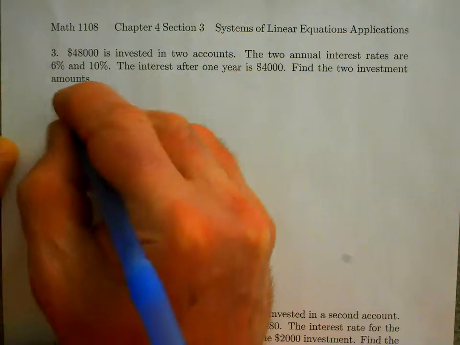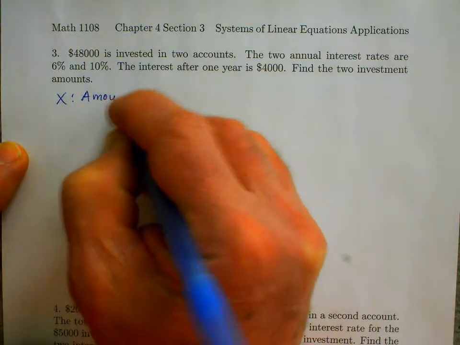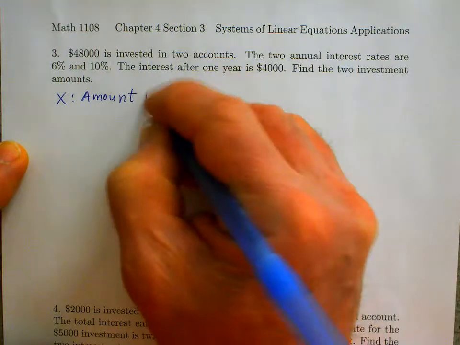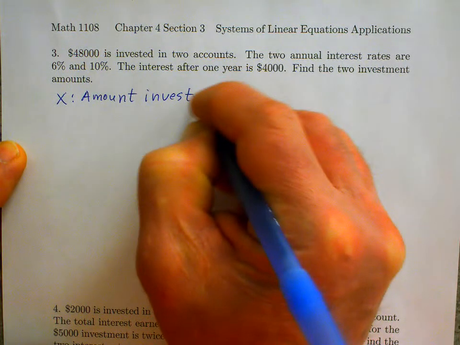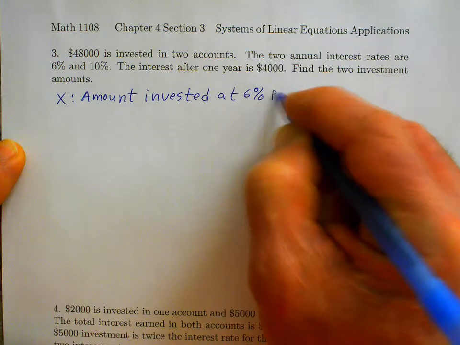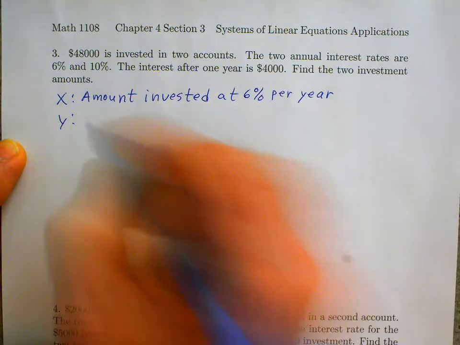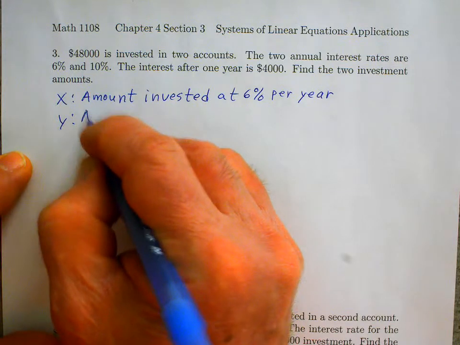Okay, so we can pick X to be the amount of money invested at 6% per year, and let Y be the amount of money invested at 10% per year.